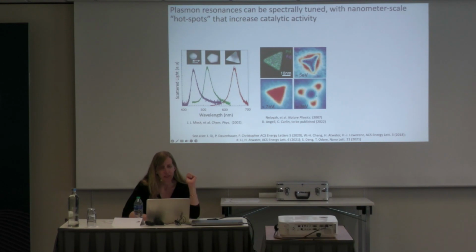Here at about 3 electron volts, there's this tip mode where the electrons all want to concentrate around the tip of the nanoparticle. There's also at slightly higher energies this edge mode where the electrons oscillate around the edge. And then there's also a bulk plasmon mode, which is essentially the metal to dielectric transition. It's almost like this symmetric breathing mode of the electrons in the nanoparticles.